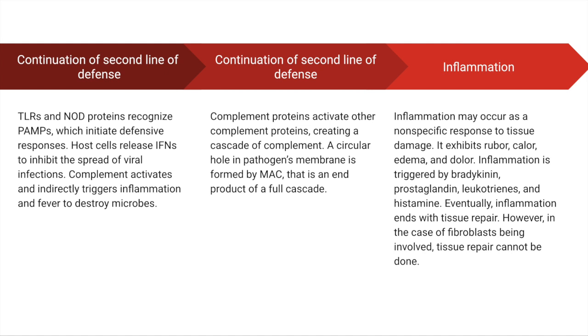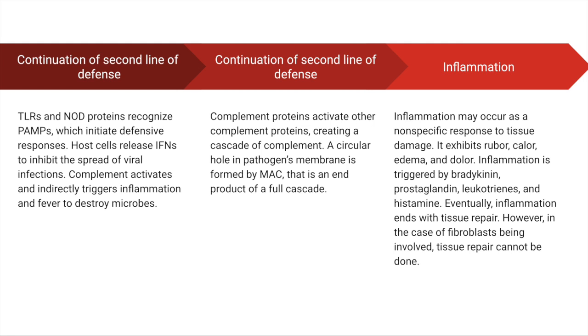Eventually, inflammation ends with tissue repair. However, in the case where undifferentiated connective tissue cells, such as fibroblasts, are involved, the tissue repair cannot be done as it is when undifferentiated stem cells are involved.